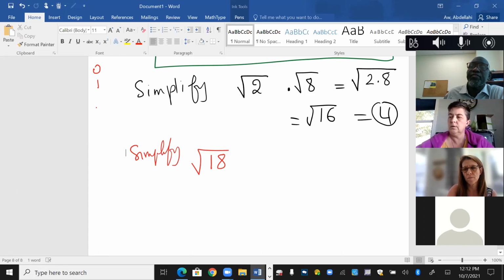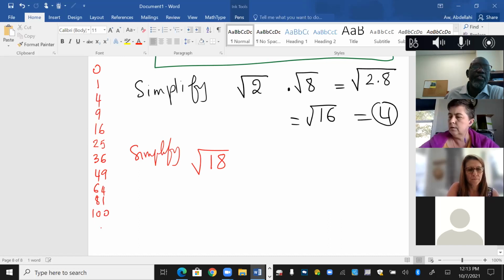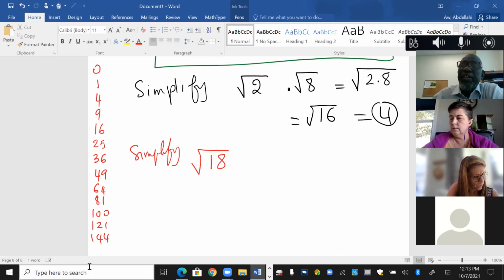What is the next perfect square? 4, and then 9, and then 16, 25, 36, 49, right? 64, 81, 100, 121, 144, etc. These are the perfect squares, okay? You see, 18 is not one of them. 18 is not a perfect square.